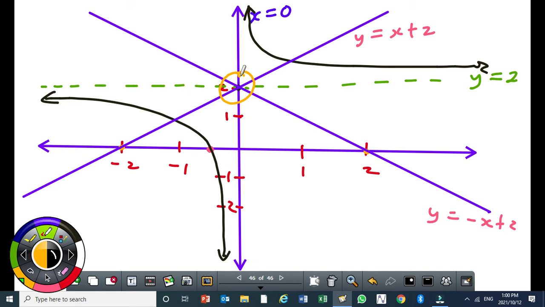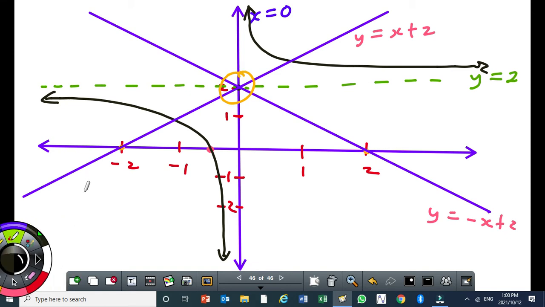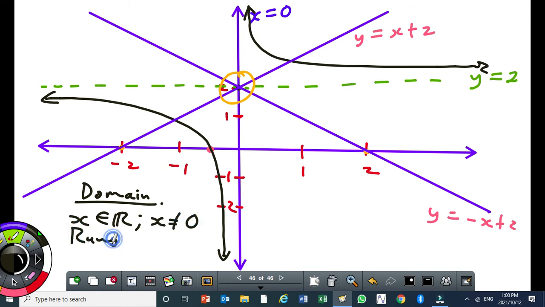Remember that. So the domain here, right, x can never be 0 because the y-axis is an asymptote. So the domain will be x is an element of real numbers, but x is not equal to 0. The range: y cannot be equal to the value along the horizontal asymptote.